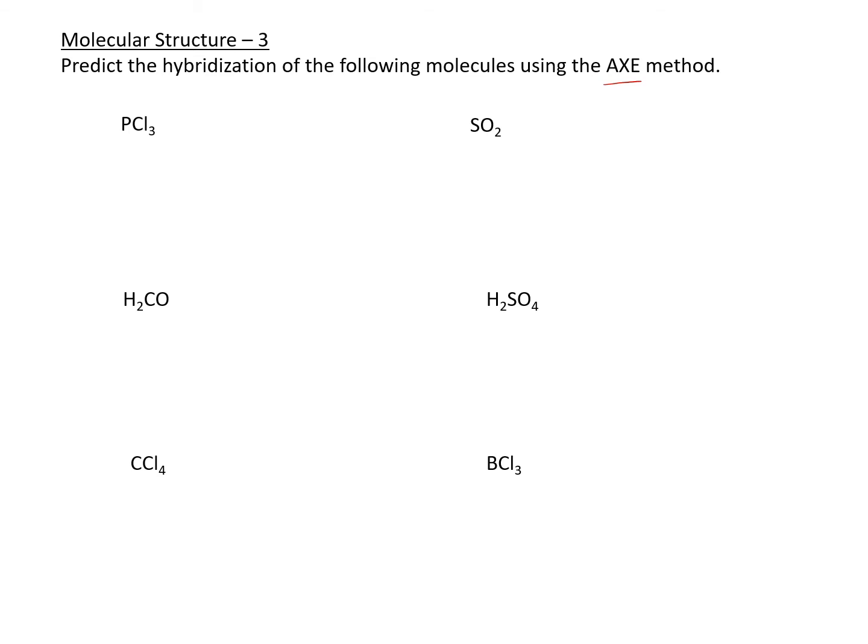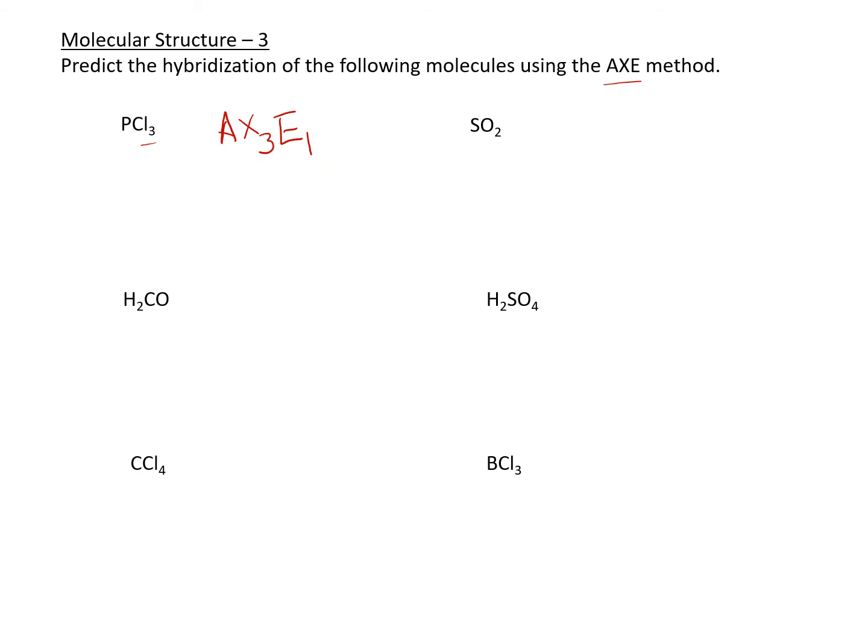So PCl3, that's the first molecule that we have. It means that we have a central atom and then 3 atoms attached to it. That much we know. What we need to find out is if the central atom has any electrons left over or not. Phosphorus is in group number 5, which means 5 electrons. 3 of them are bonded with chlorine, which means that we do have 1 electron pair left over.